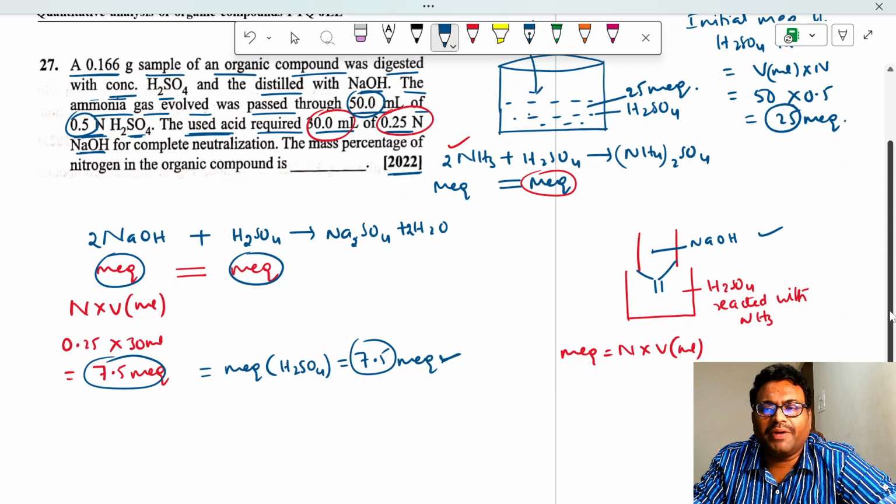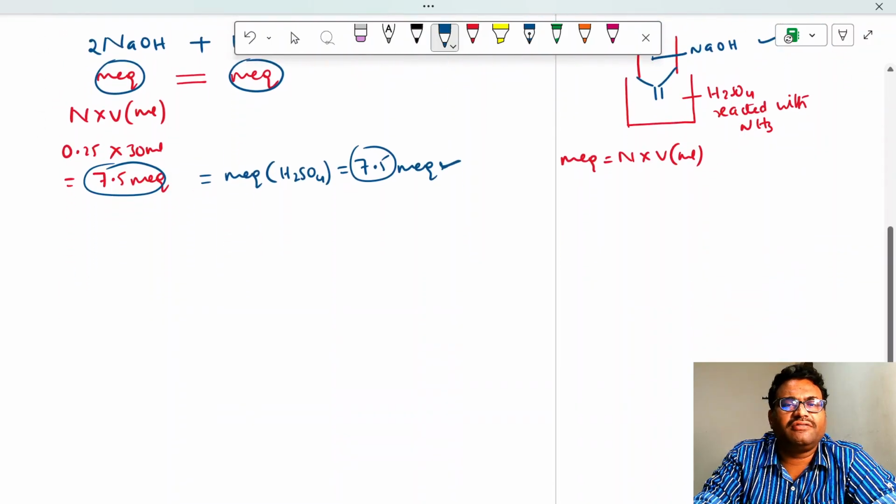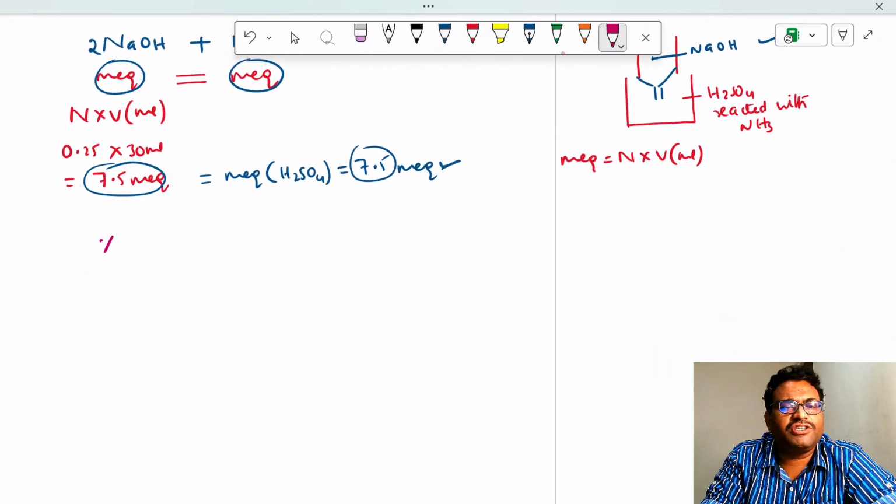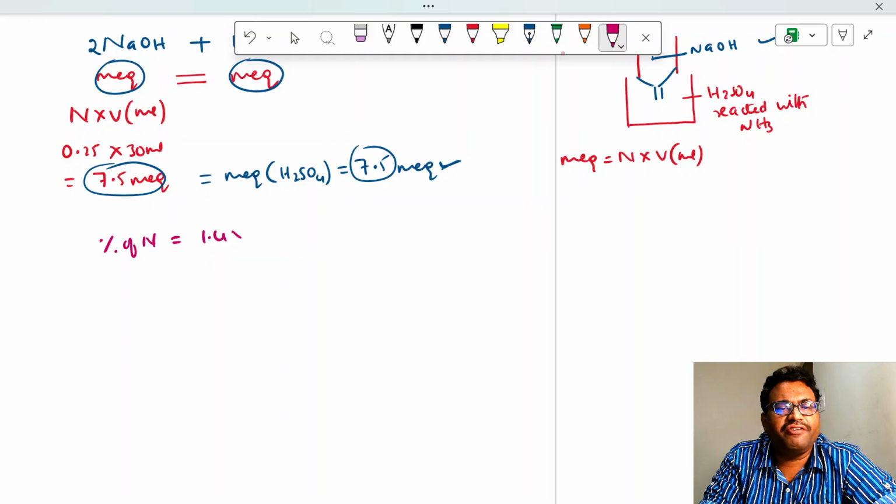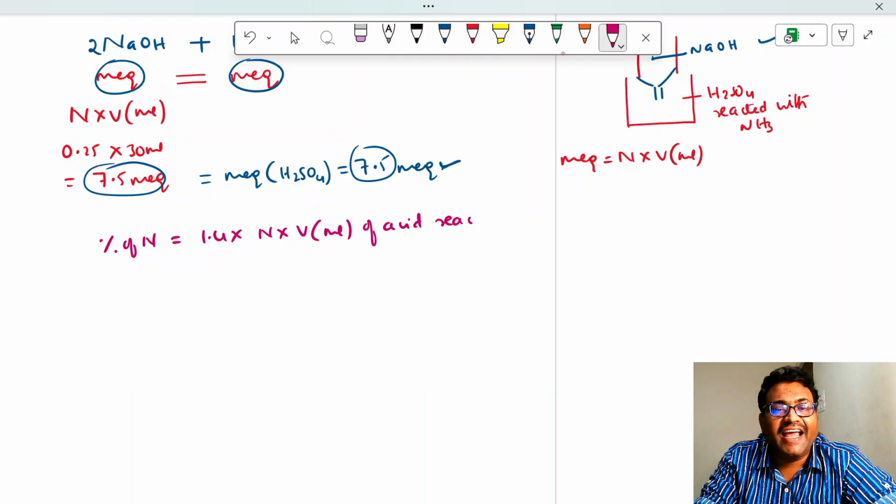Understood? So, the percentage of nitrogen formula from Kjeldahl method is 1.4 into normality into volume in ml of acid reacted or neutralized with ammonia, by mass of the organic compound.